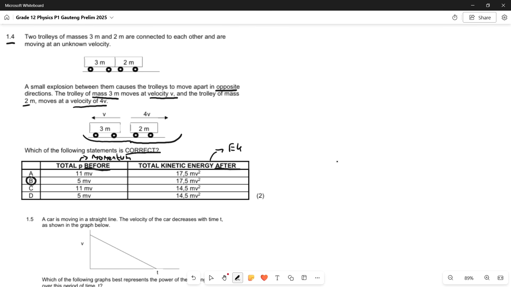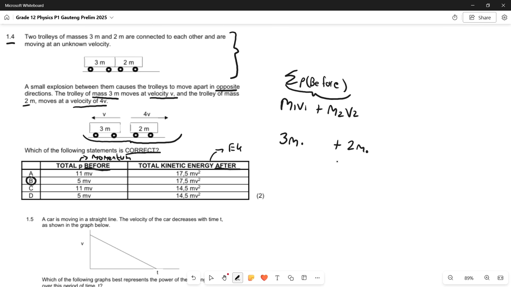Because if we are working with the momentum before, it is our sigma P before, okay? That would usually equal sigma P after, but we only need the before portion. So if we unwrap this equation over here, we have M1 multiplied by V1 plus M2 multiplied by V2, okay? And if they're looking at the before scenario, we're going to be looking at this part of the question because it says 2 trolleys of masses 3m, so we can plug in 3m over here plus 2m over here are connected to each other and are moving at an unknown velocity.